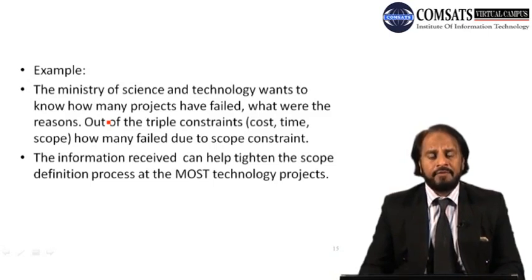Then they could revise their research proposal format, in which they could emphasize defining the scope in a more detailed manner, so that they could avoid failures due to the scope definition, and so forth.